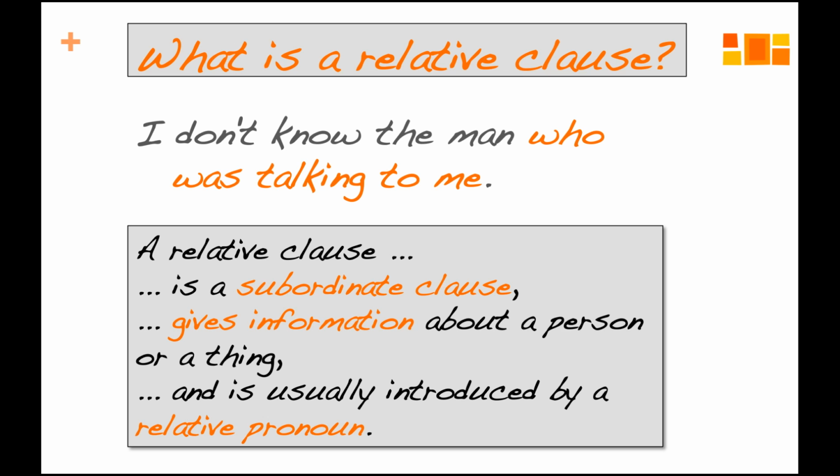I say it's usually introduced because I can tell you right away, you will find out in video number 3 that there are relative clauses where you can leave out the relative pronoun. But so far, we keep it there. So, we need a subordinate clause giving information about people, objects, animals, and a relative pronoun, and then we have a relative clause. And with the relative pronouns we continue now.